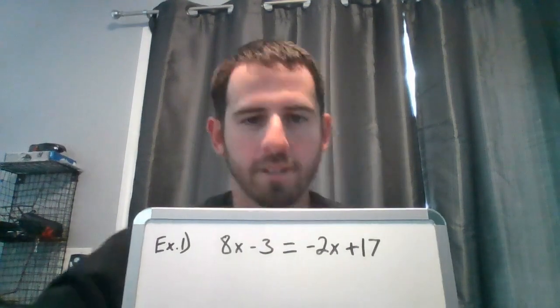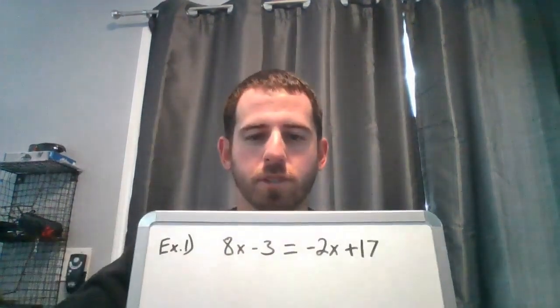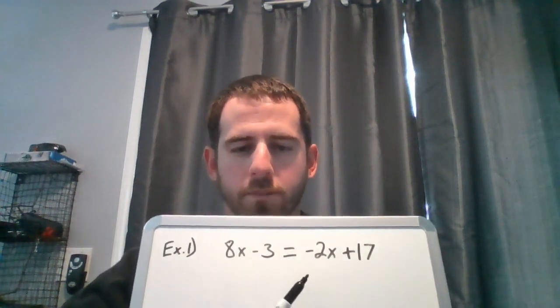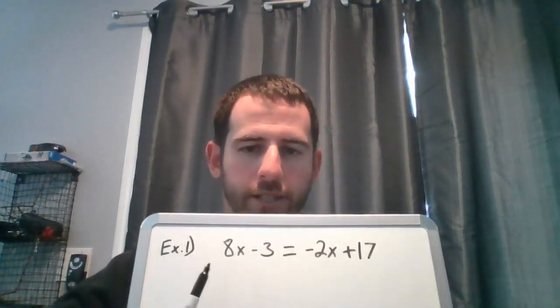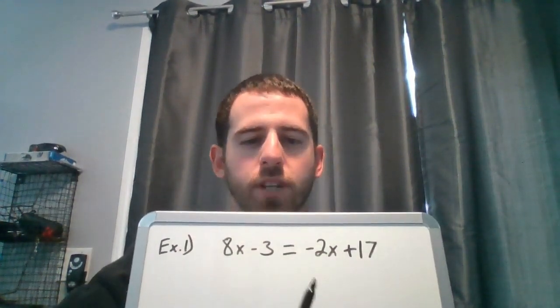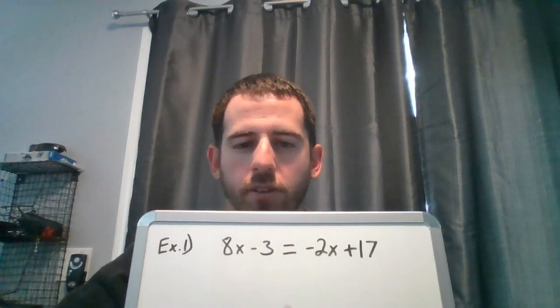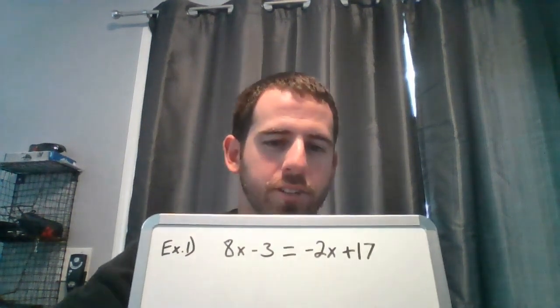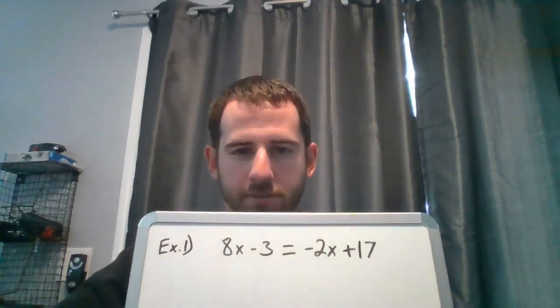In this case, left is actually the easier one, because if you notice, we have 2 options here. I'm either going to move the negative 2x this way or the 8x that way. To move the negative 2x, it's the same way we'd move a number, the same as negative 3. To get rid of the negative 3, you would add it to the other side, so we're going to do the same thing with the negative 2x.